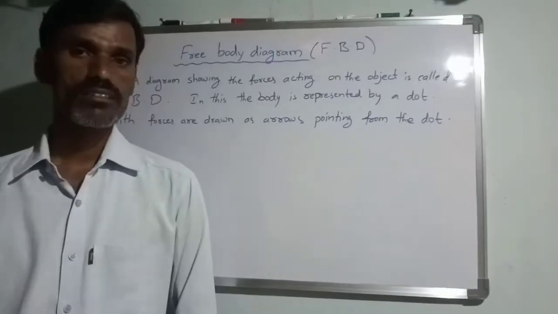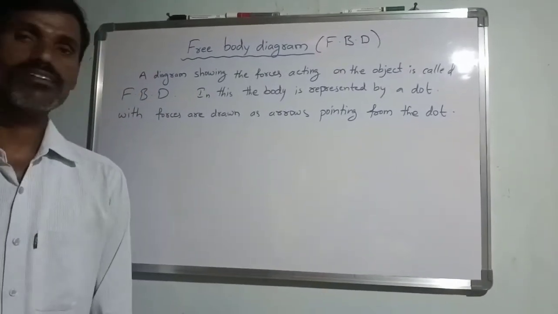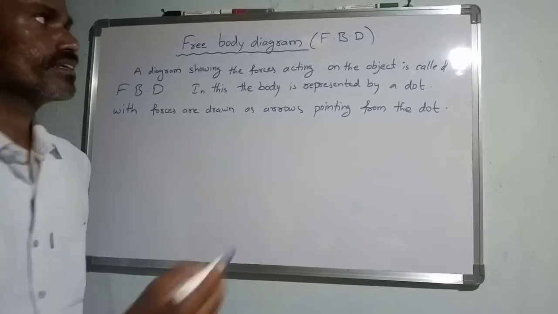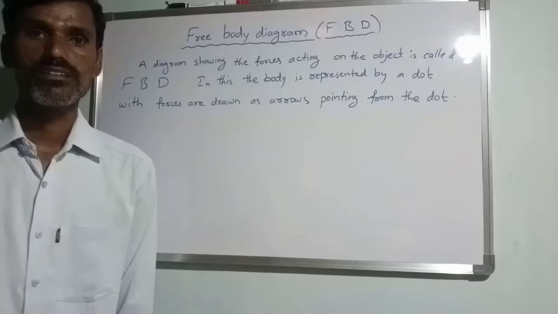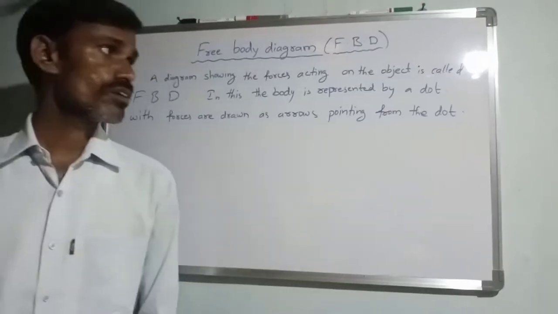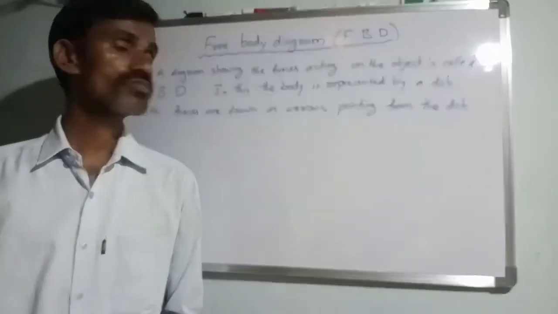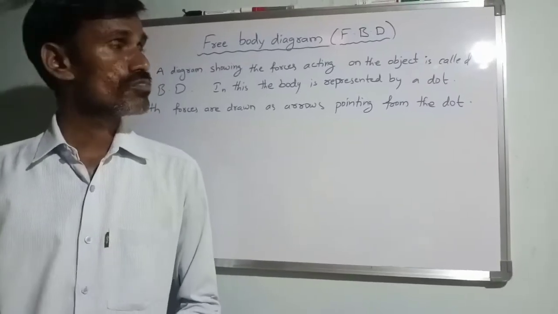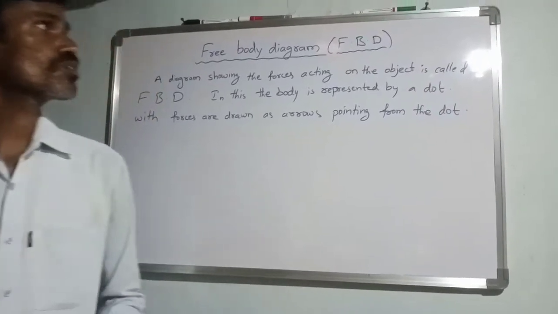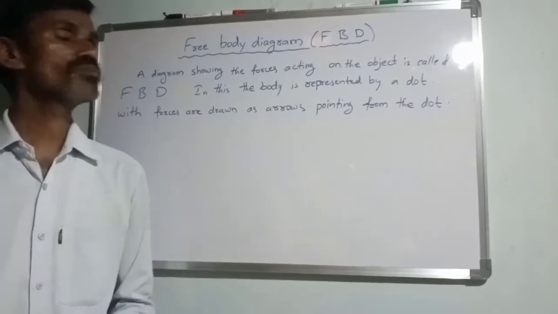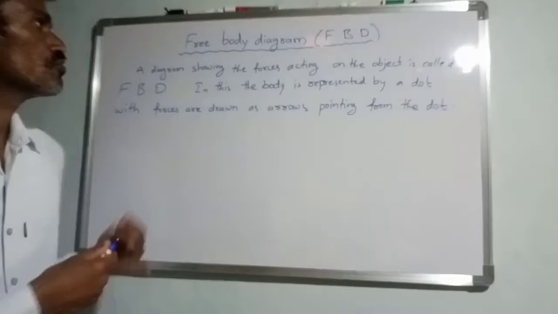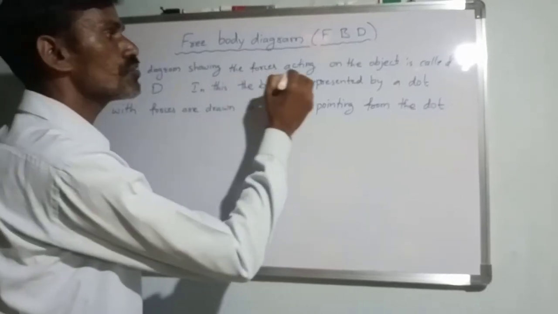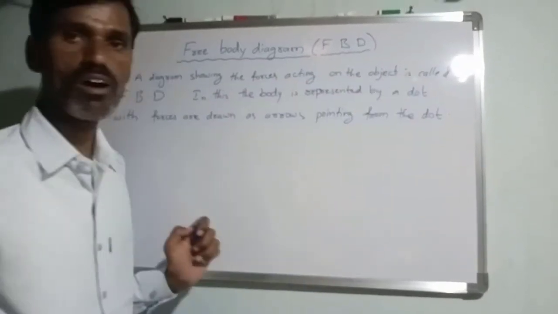We discuss the free body diagram, FBD. So the most important concept. While solving mechanics problems, this free body diagram is very much useful. Now we discuss what a free body diagram is. A free body diagram is just a diagram which shows all the forces acting on the object.